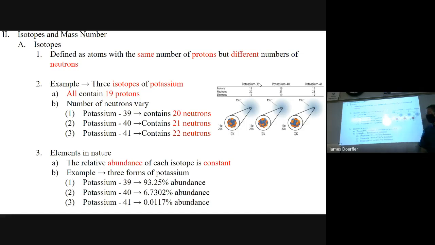So if you find potassium, which again is element number 19, and look at that mass number, 39.0983, you notice that that number is closest to 39 rather than 40 or 41. That's because of its percent abundance.